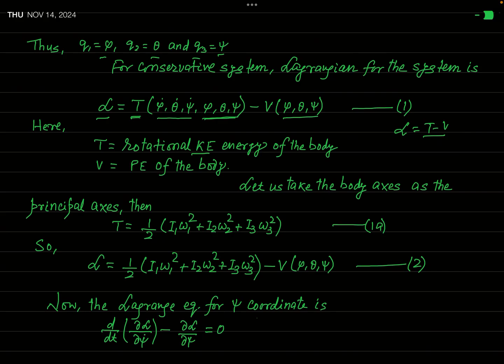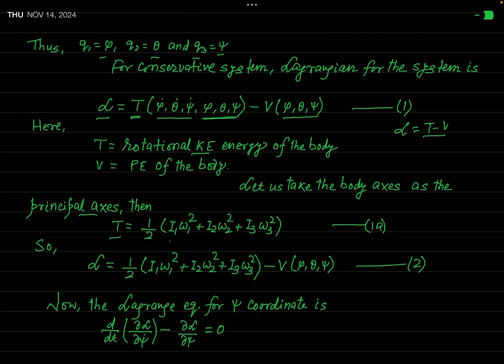For simplicity and convenience, we also take the body axes to be the principal axes. If we talk about the principal axes, what is the expression for the kinetic energy T? You have already learned this in my previous video, in the detailed discussion of rotational kinetic energy, where the rotational kinetic energy in terms of the body's principal axes is given by this expression.